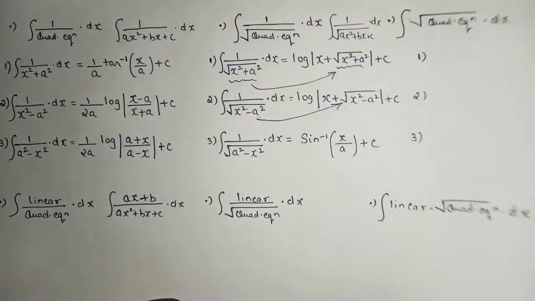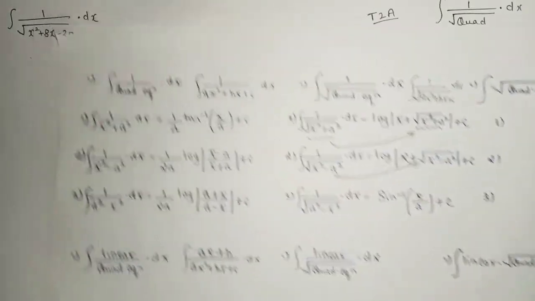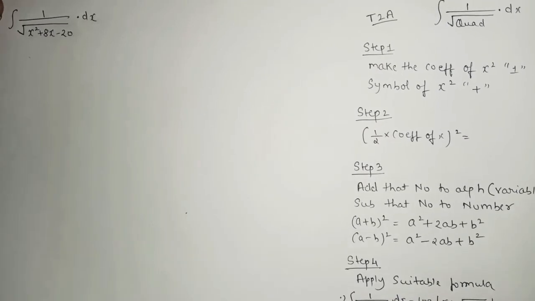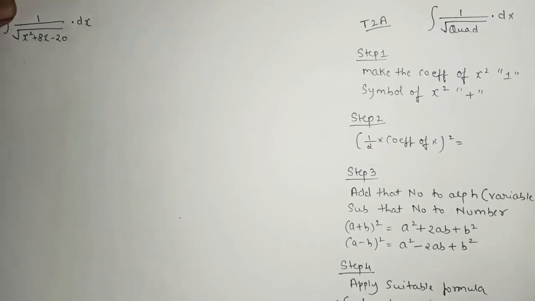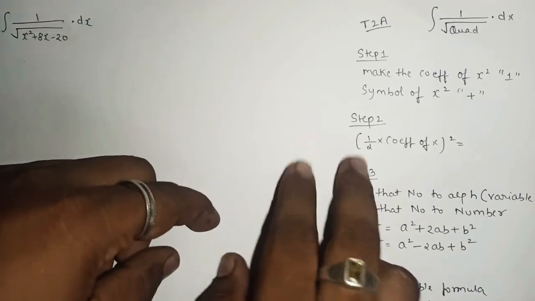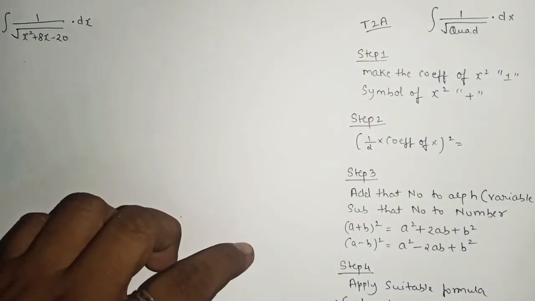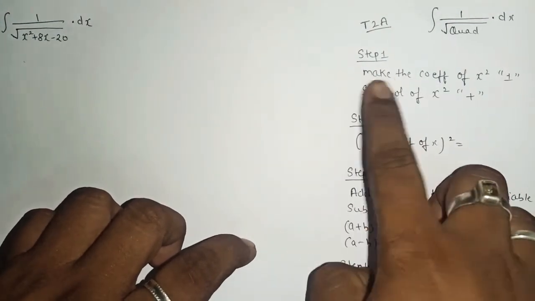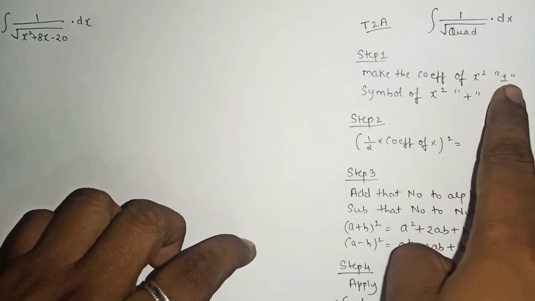Before that, we'll see the concept based on type number 2A. Here also there are some steps which you have to follow, and the steps are the same as type number 1A. Step number 1 is to make the coefficient of x square 1.